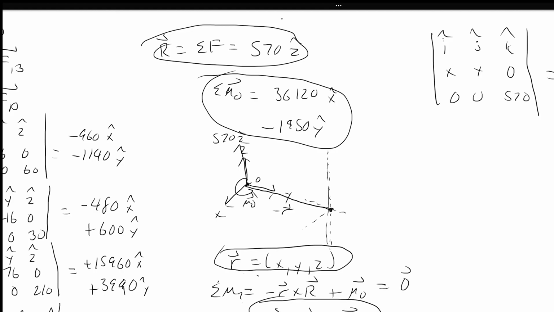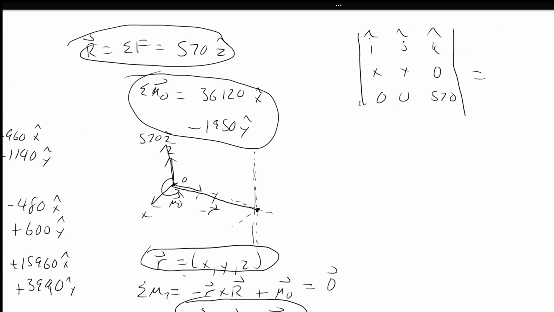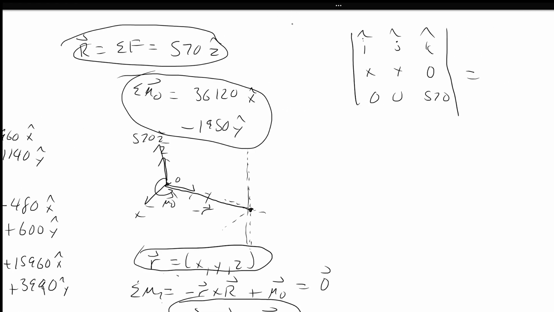I should write it as a vector type. Gonna move over to the right a little more. 36,120 x hat minus 1950 y hat. I really hope I didn't make any algebra mistakes, because that would be embarrassing. Oh yeah, and I changed it. Thanks for bearing with me. These problems take forever to do.